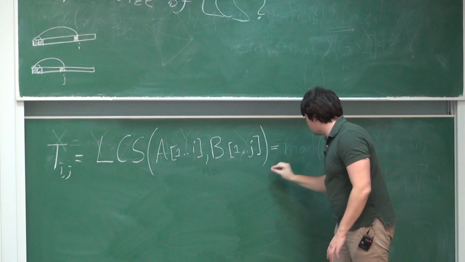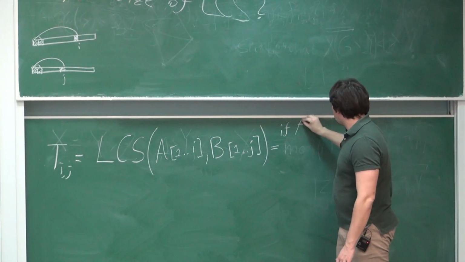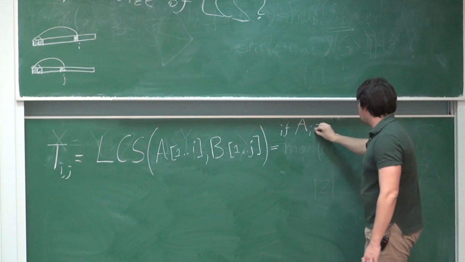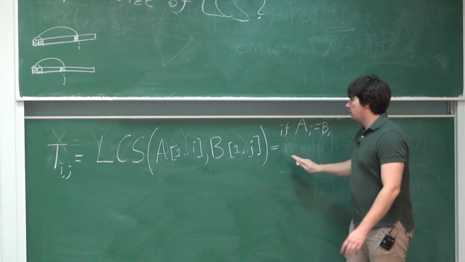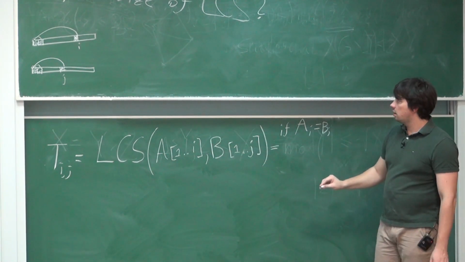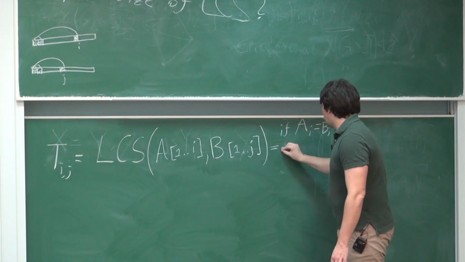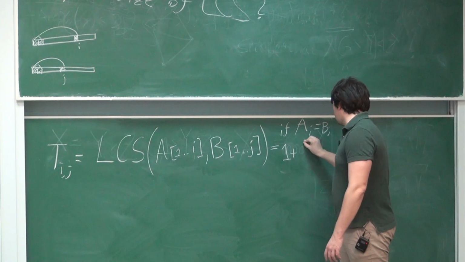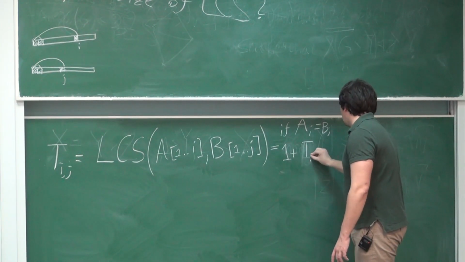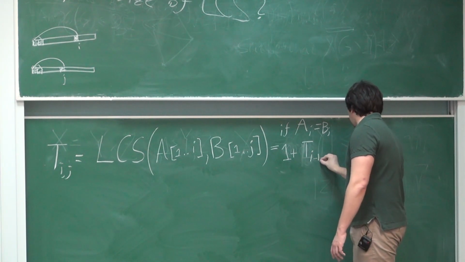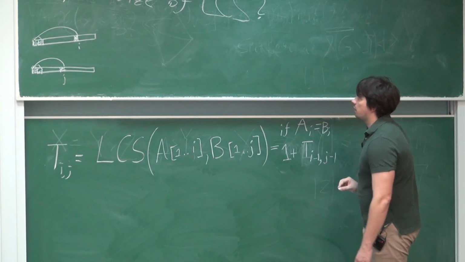If Ai is equal to Bj, then this whole thing I'm claiming is equal to 1 plus T i minus 1, j minus 1, right?